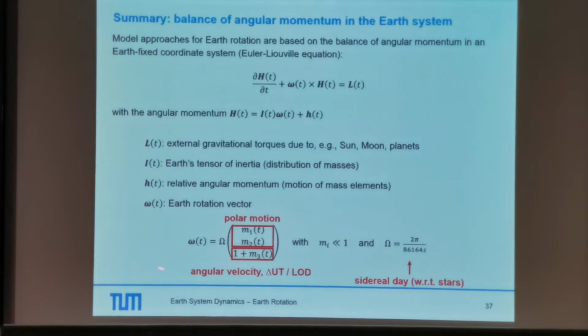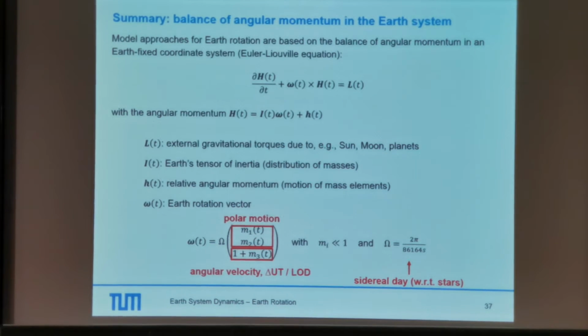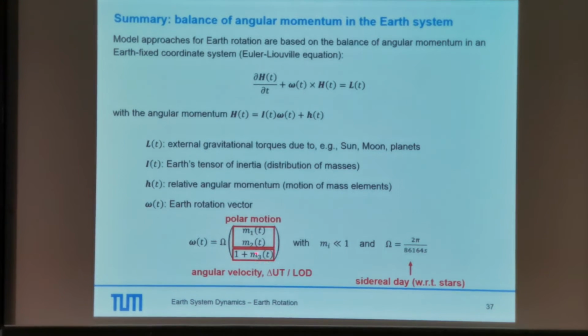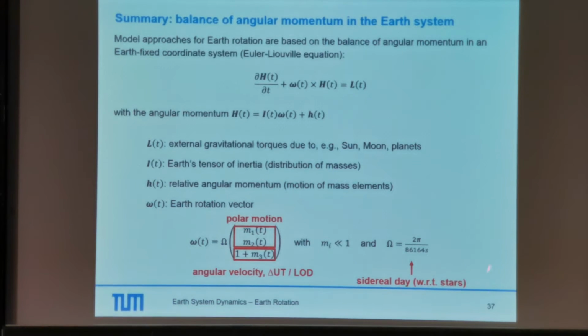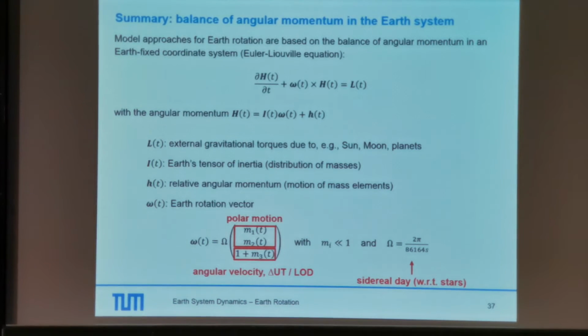The third row here is 1 plus m3, which is more or less the angular velocity, and m3 is here this delta UT1 or LOD. That's why it's written 1 plus, because for sure on one day we have one rotation of the Earth around itself, which is the capital omega, and then we have a small quantity, omega times m3, which is LOD, so the deviation of one rotation from 24 hours.